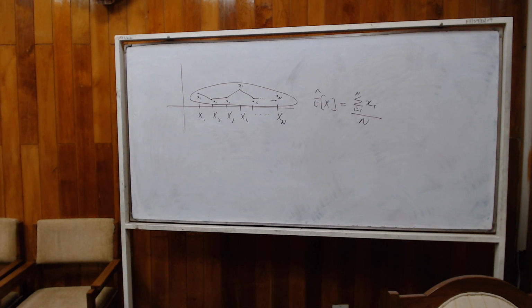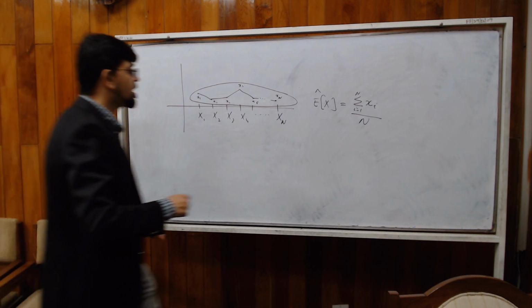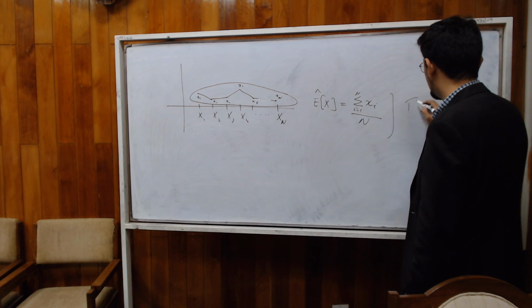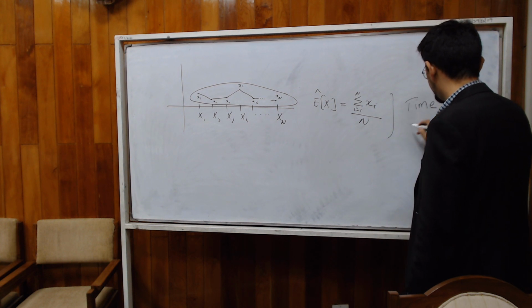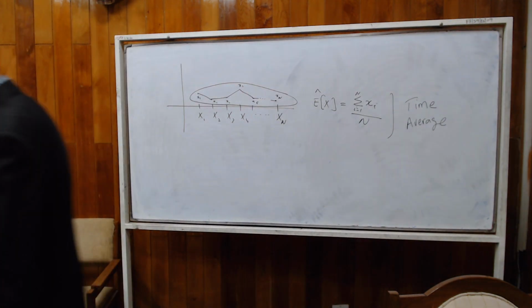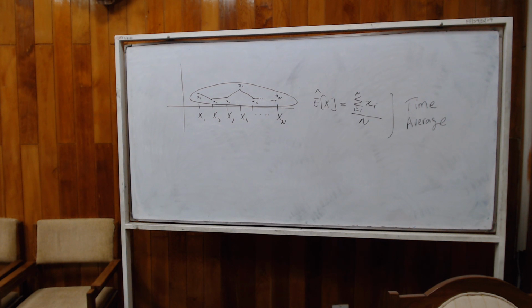This will be similar to tossing a coin 1,000 times. What we discussed previously was throwing 1,000 coins at the same time and seeing how many are heads and how many are tails. So this kind of approach, when it is possible, we call it time average.